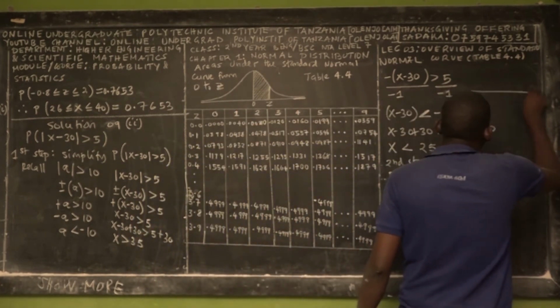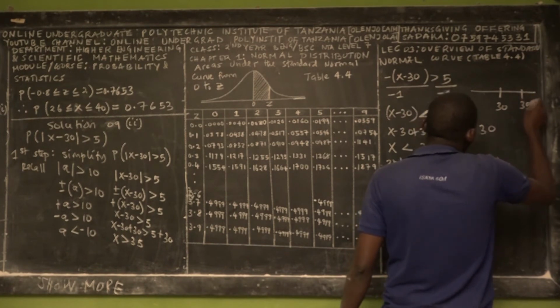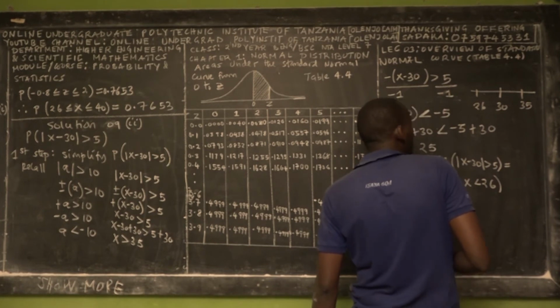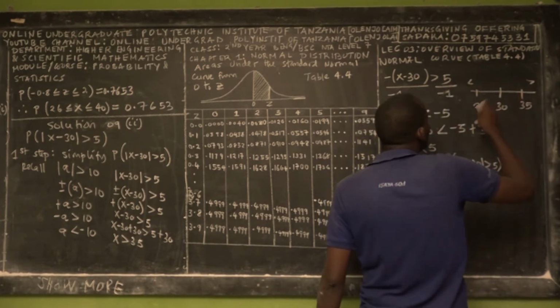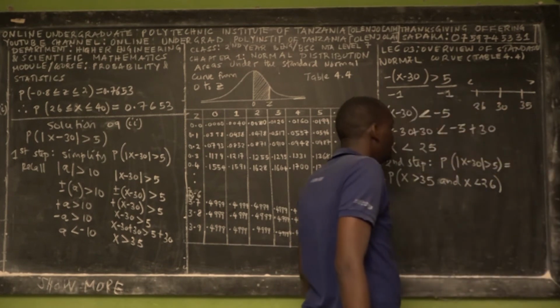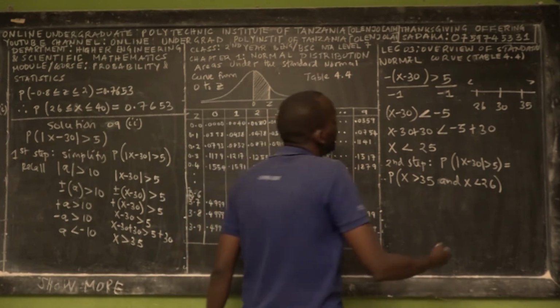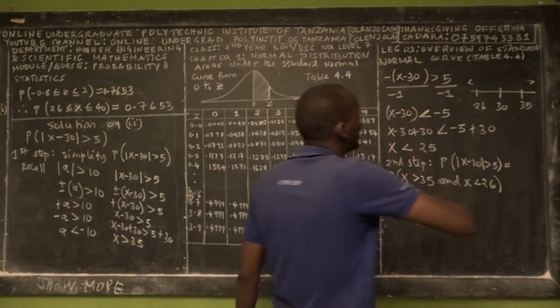So this is the concept. This is the mean, and the mean is equal to 30. Here we have x equal to 35, and here x equal to 26. Remember that this one is less than and this one is greater than. The region between 26 and 35 is excluded. So you have to find the probability of x less than 26 and x greater than 35.